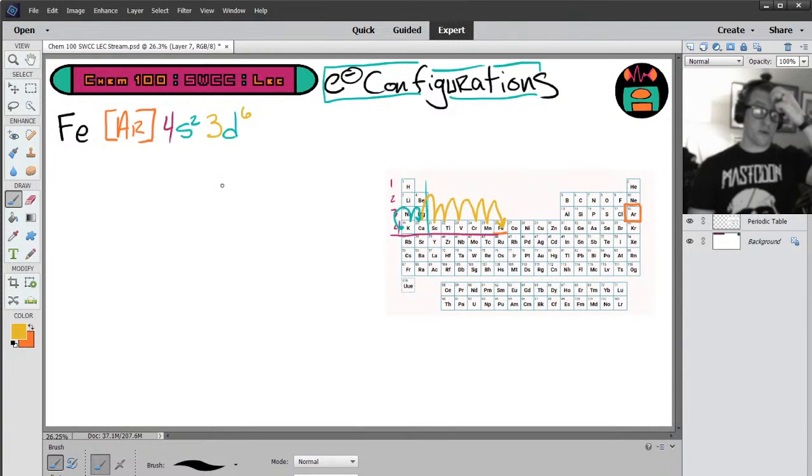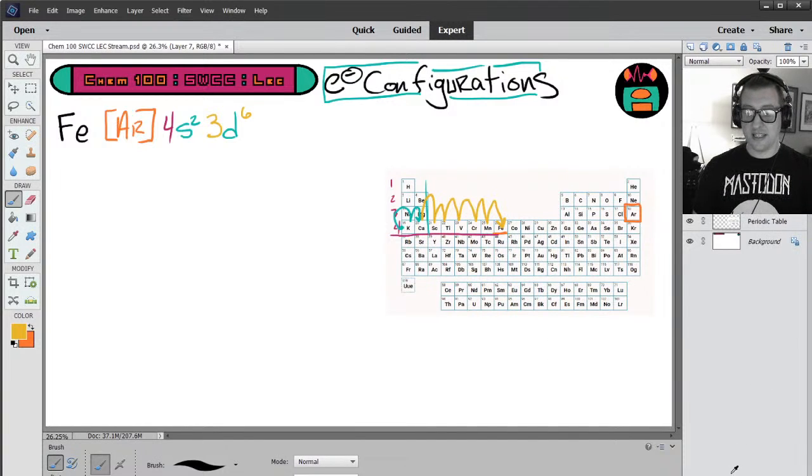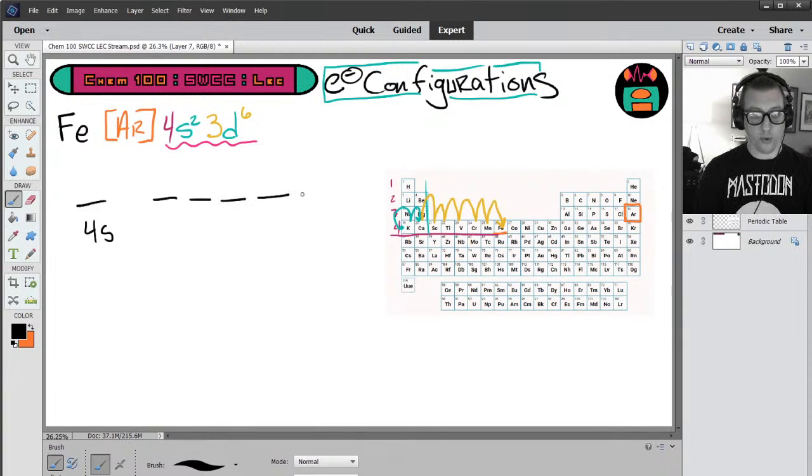So the electron configuration for iron is 4s2 3d6. Now let's draw the orbital diagram. And again, remember with the orbital diagram, we are just looking at our valence electrons. So we have the 4s subshell, and then we have the 5 orbitals of the 3d subshell.